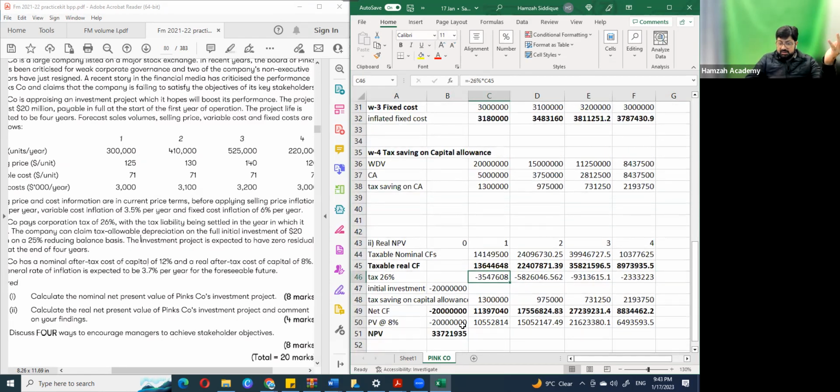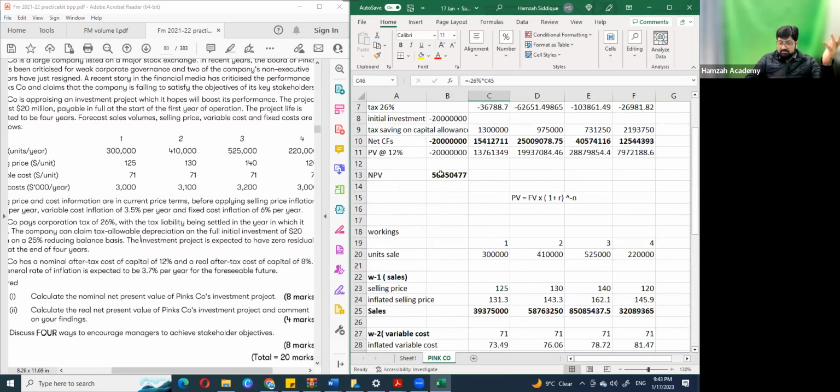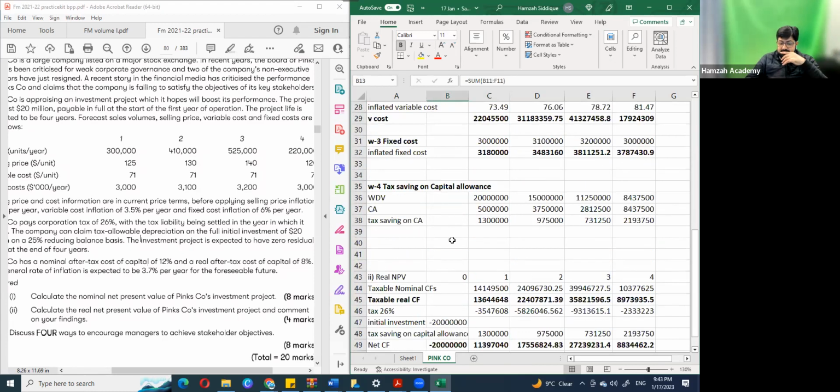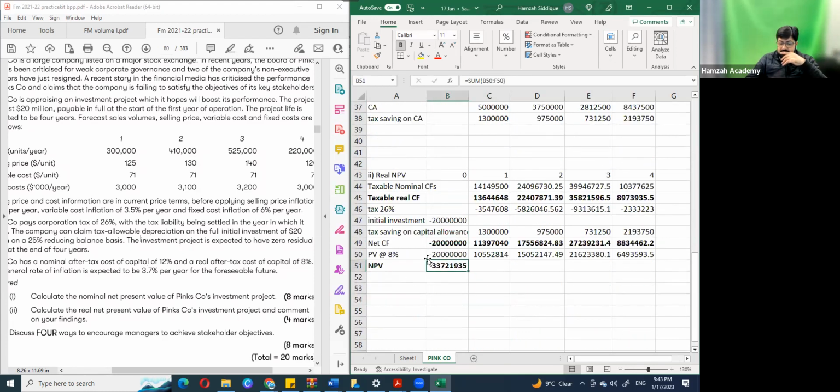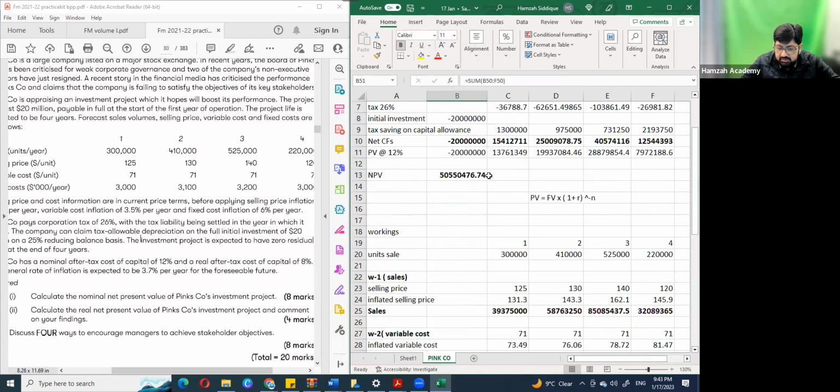And NPV is here. NPV is different here. Here NPV is higher. You see? Or here it is higher. Let me, yes, 33 million.